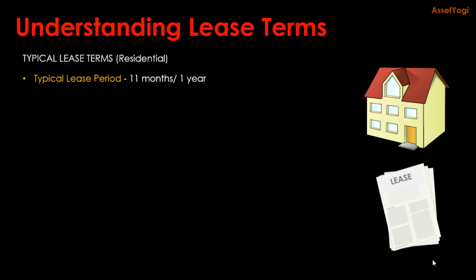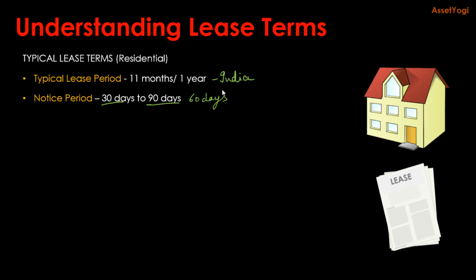So in a standard lease, the typical lease period is 11 months to 1 year, at least in India, and I think elsewhere also it will be more or less the same. Then notice period is 30 days to 90 days. Now the landlord may insist on a longer notice period, for example 90 days or 60 days, to ensure a long-term commitment from the tenant.